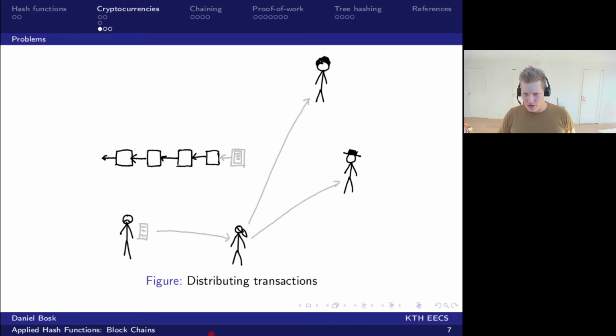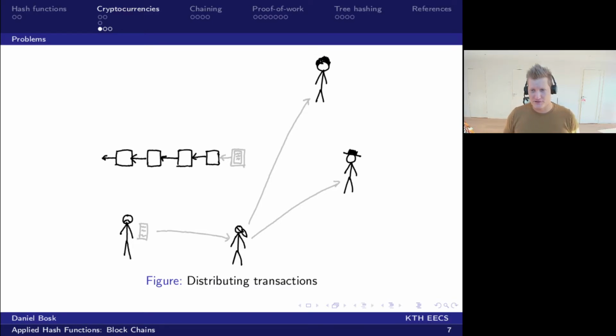So if we look at this figure, we have Bob here that has a transaction, maybe one of those transactions that we just saw. And for everyone to know about these transactions, Bob has to send them to everyone else in the network, as we see here. And that's pretty easy, it's just to send them.